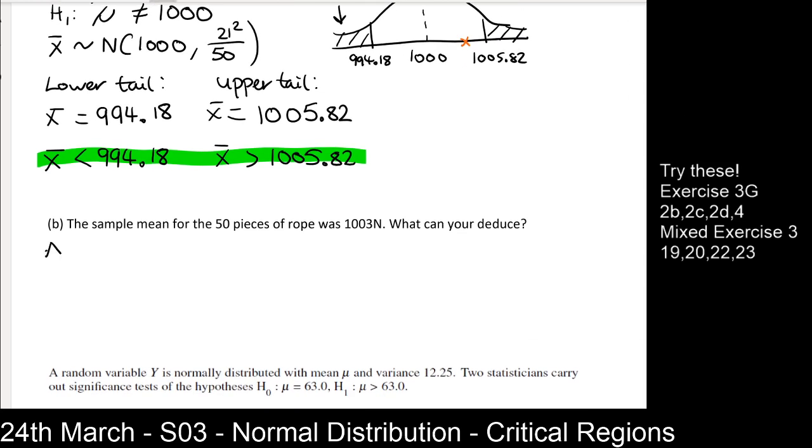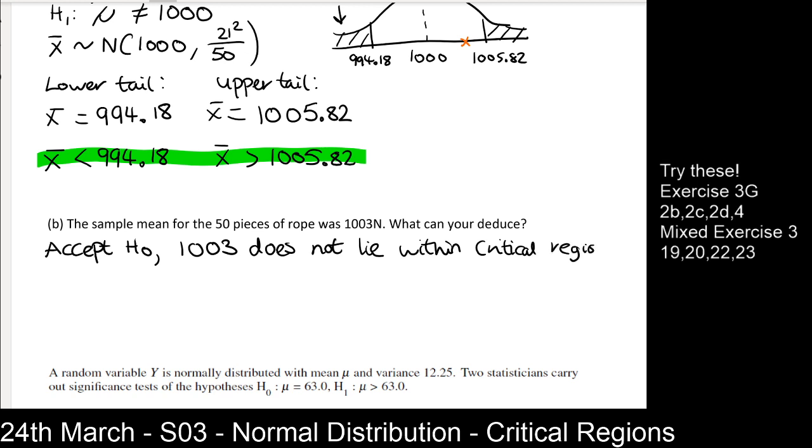So in this case, we'd say we accept H0. 1003 does not lie within the critical region.